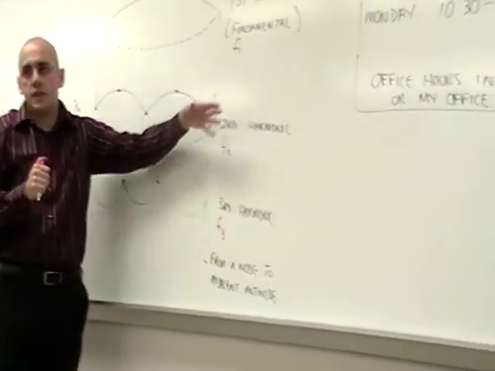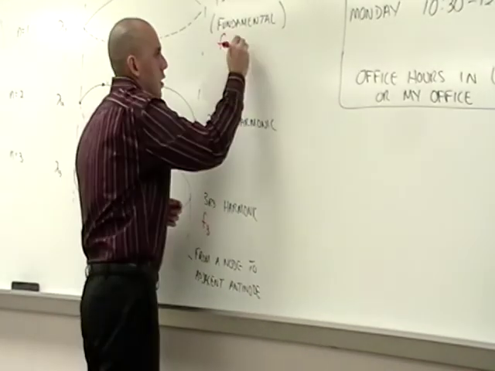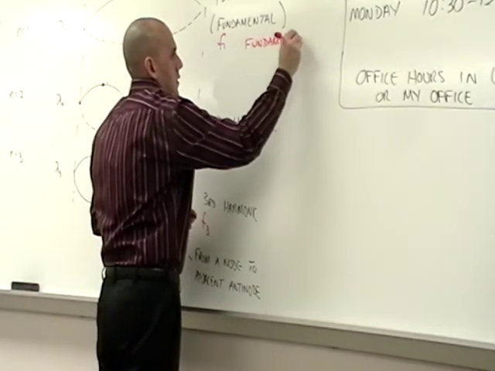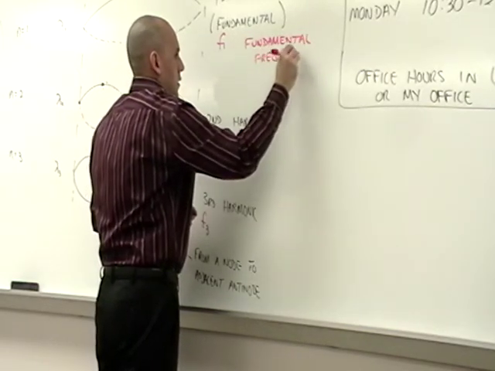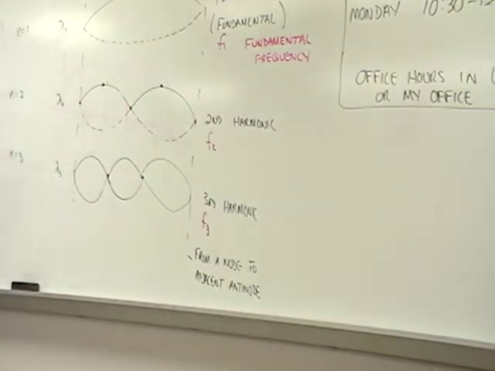These are the frequencies that produce the first, second, or third harmonic. This F1 we call the fundamental frequency. The fundamental frequency is always the first one, the one that corresponds to n is equal to 1.